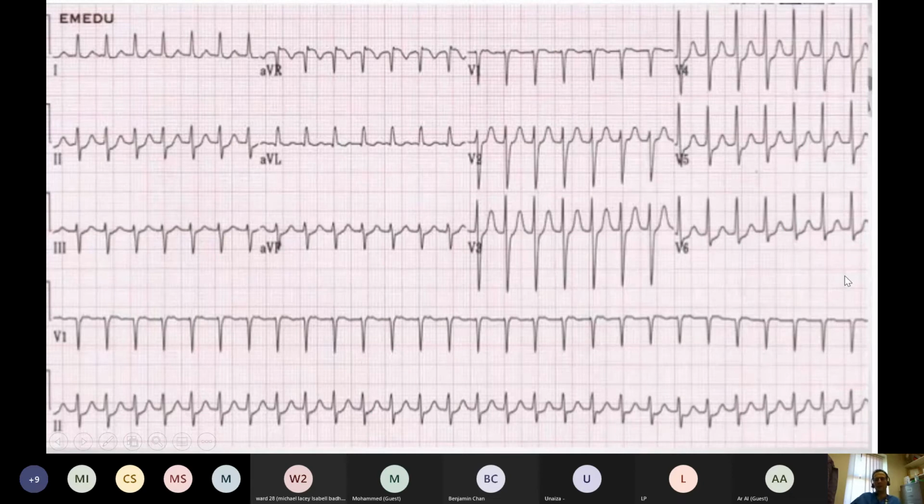And this is another ECG. What does this show? Can anybody tell me about this ECG?